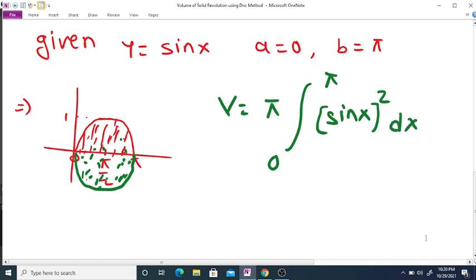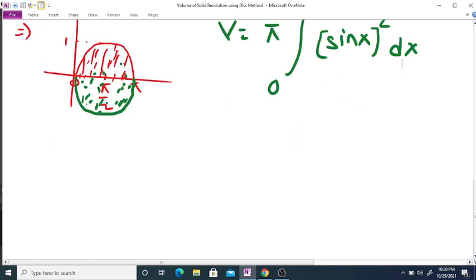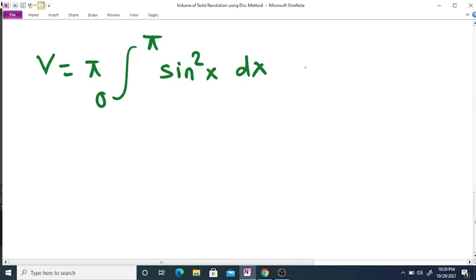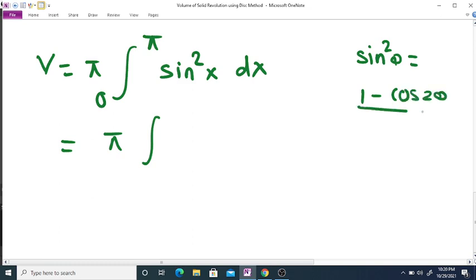So volume is equal to pi times the integral from 0 to pi of sin square x dx. Now we know that sin square theta is equal to 1 minus cos 2 theta divided by 2.